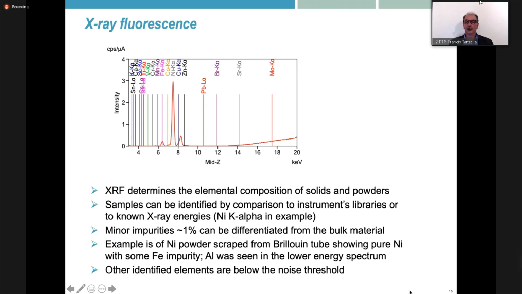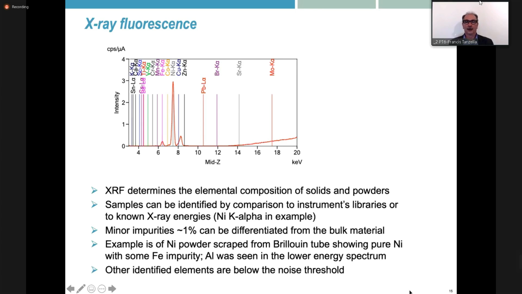The same powder scraped from the Brillouin coated rod and measured using X-ray diffraction shown earlier was measured using an XRF instrument at SRI. There are usually 3 different energies to cover the whole periodic table. I show the middle energy plot here, which contains the nickel K alpha and K beta peaks, along with a minor amount of iron.